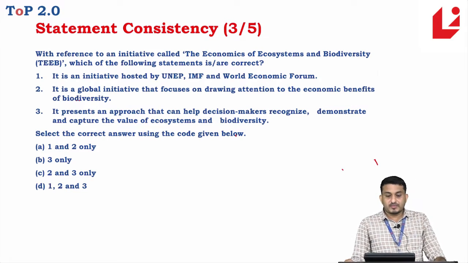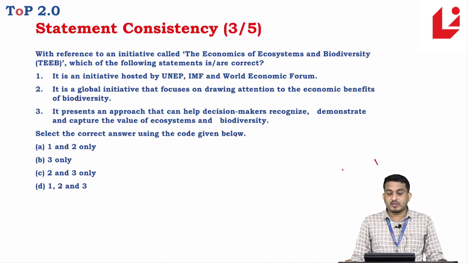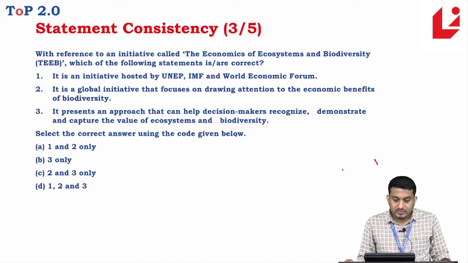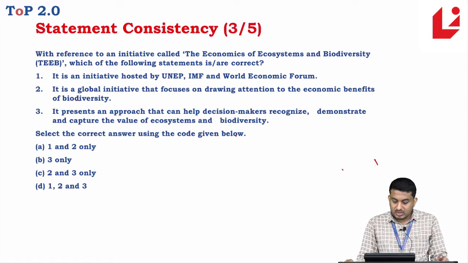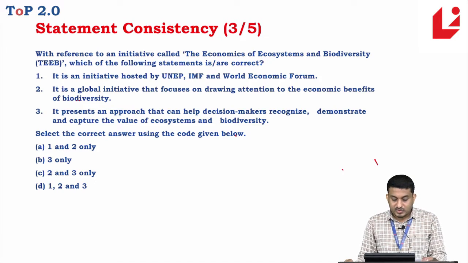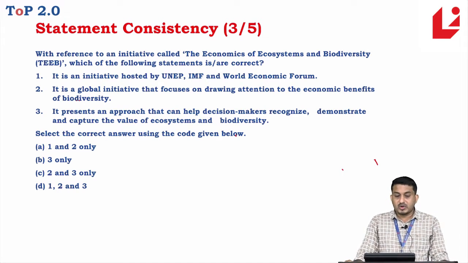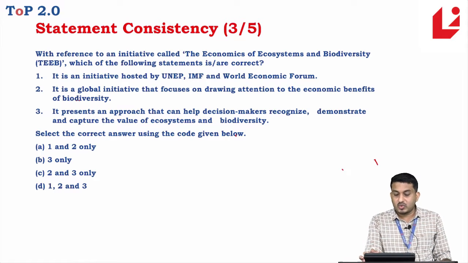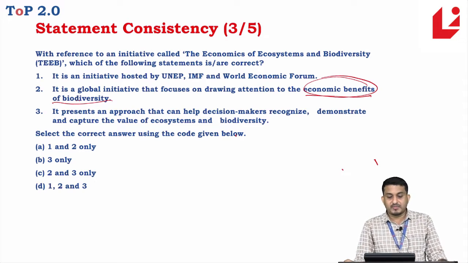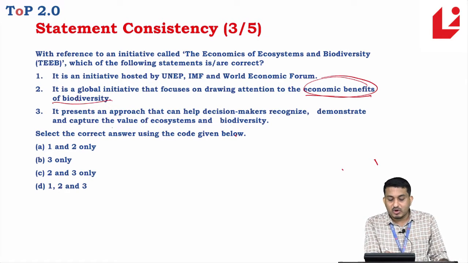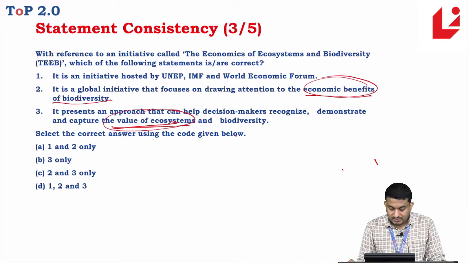Now coming to the next question. The question is about the economics of ecosystem and biodiversity. Which of the following statements is or are correct? Now you compare the second statement and third statement. Read each word of the 2 statements. The second statement talks about drawing attention to economic benefits of biodiversity. Third statement, it presents an approach that can help decision makers recognize, demonstrate and capture the value of ecosystem and biodiversity.